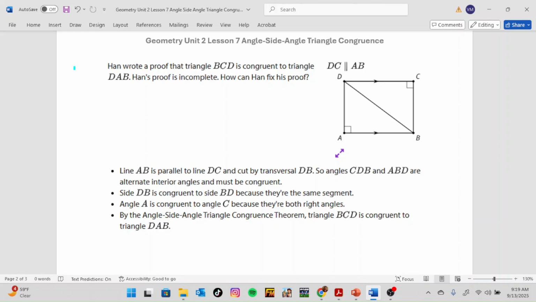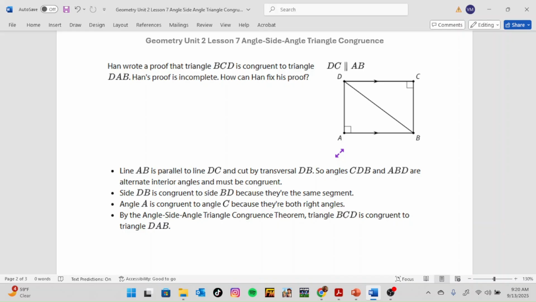So his first statement is that line AB is parallel to line DC. That's indicated by these arrows at the top and bottom, and cut by transversal DB, this diagonal line going from the top left to the bottom right.